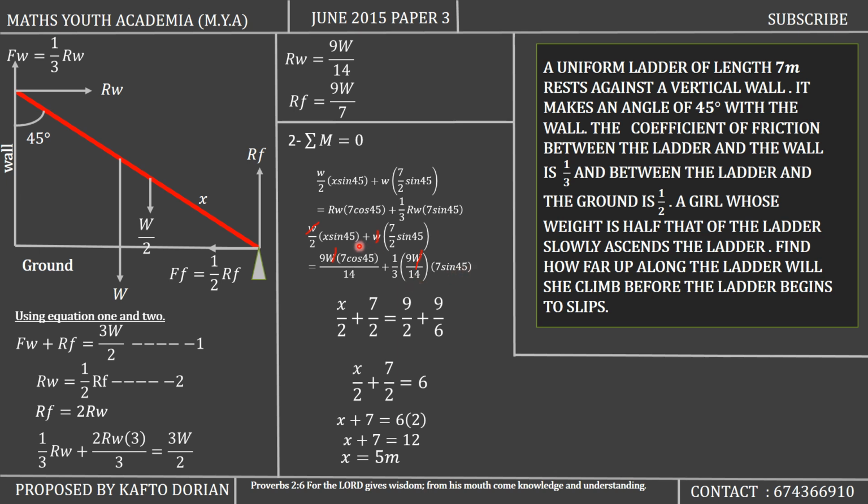What will happen is that we will factorize sine 45 degrees on the left hand side and factorize cos 45 degrees. Let us just do it.